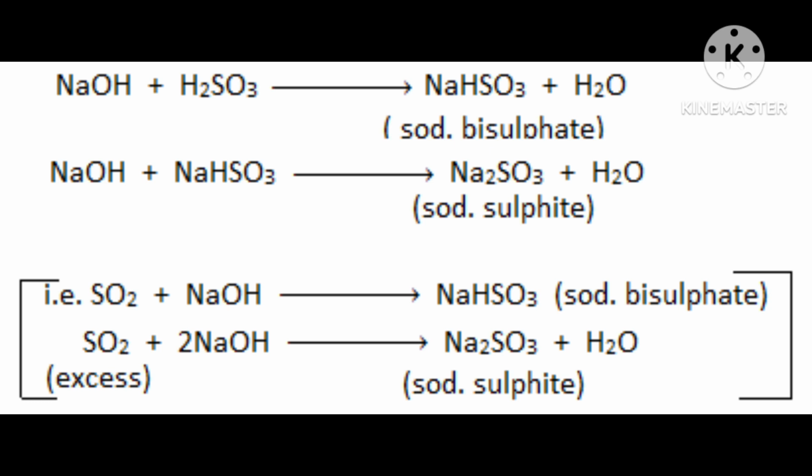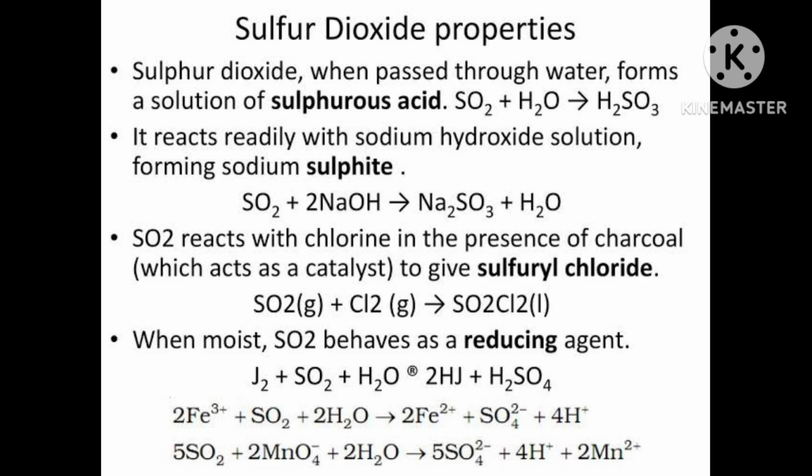Now next I am telling you sulfuric acid, common, H2SO4. Then again sulfur is in the middle. Now here again 2 bonds are there, S-OH, single bonds, and 2 oxygens are there with double bonds.